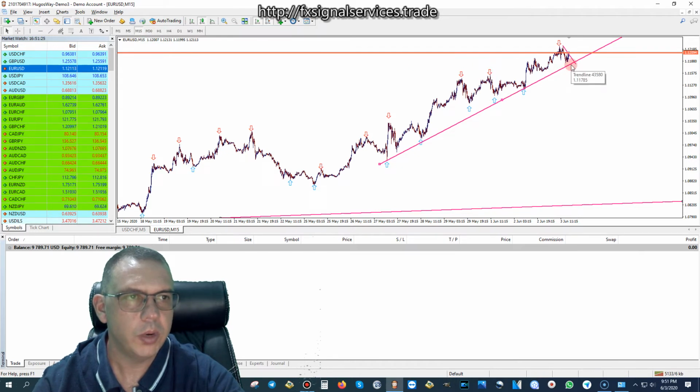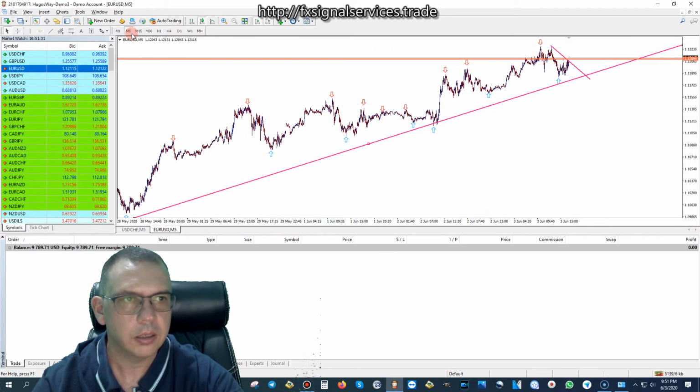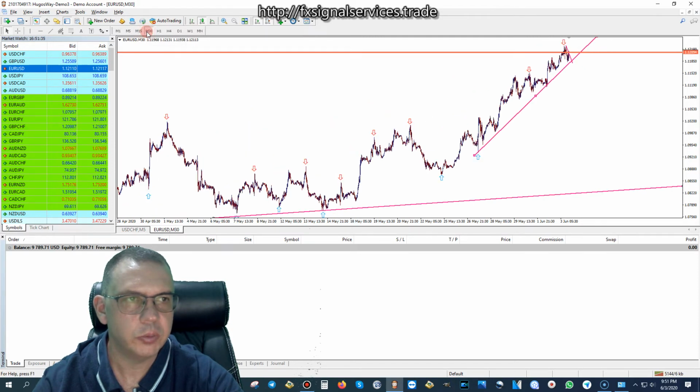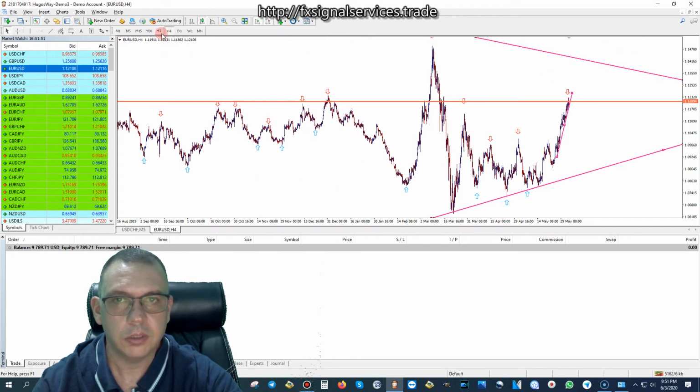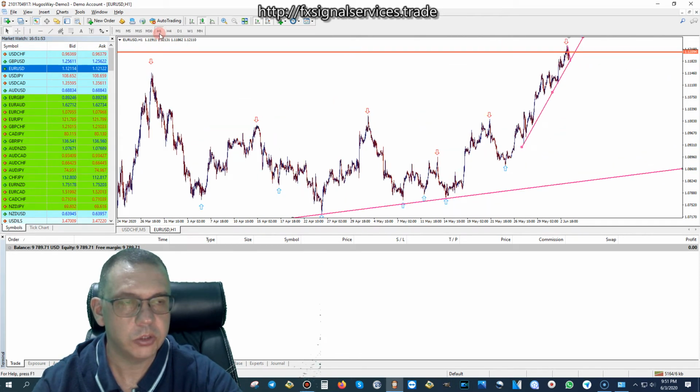So what we can expect is the price to drop and touch this trend line and form a blue arrow. Okay, 5 minutes already done that, but the 15-minute and 30 minutes have not. As a matter of fact, the 30-minute has 2 red arrows and no blue arrow. So I have a strong feeling this is going to break this trend line and drop even further. Okay, now like I said, the 4 hour and 1 hour all show to go down.